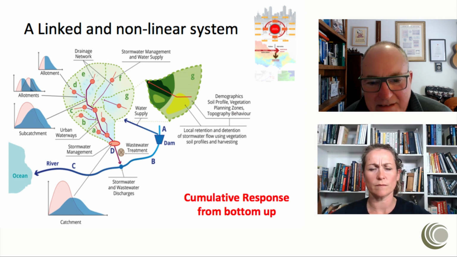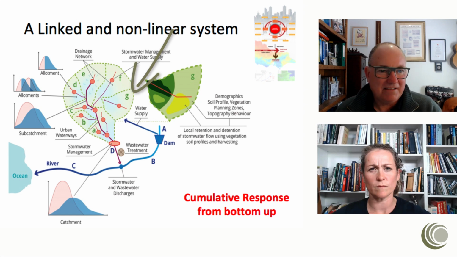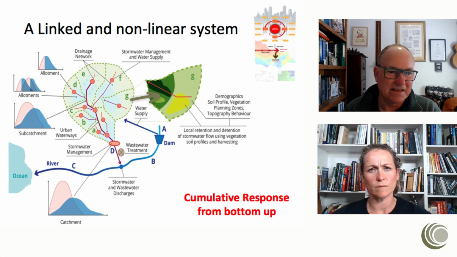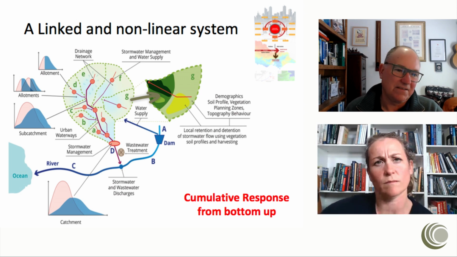So if we go back to our city concept here, just say in the sub-catchment, so part of the city, watershed G in the city, what's really going on in there? There's a whole bunch of things that city planners and others are trying to do in the modern era. So you can see there's greens and yellows and different colours in there.